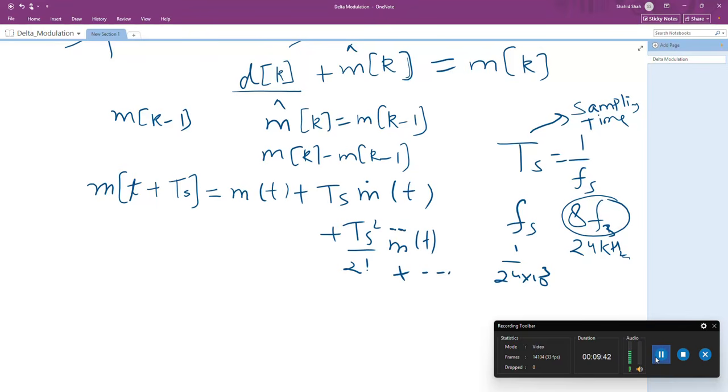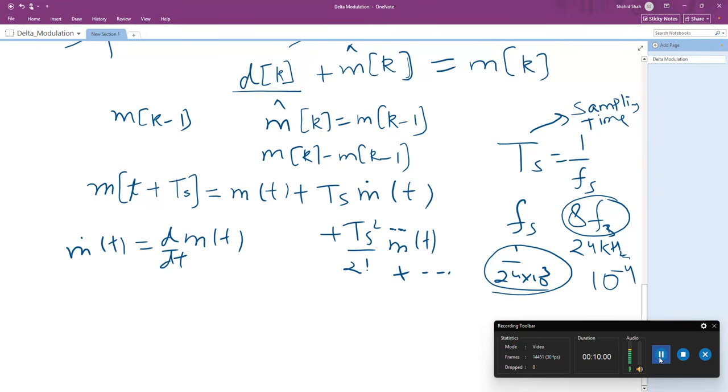There are other terms. So this m dash of t has a meaning. I hope all of you know this Taylor series. We do it in class 12th, and then it is repeated in BTech first and second semester. Now Ts is very small, in the range of 10 to the power minus 4. So Ts square is even smaller, so we can neglect the terms; Ts square and Ts cube will be much less than Ts.